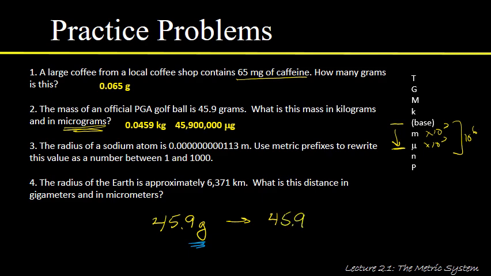We've got to move the decimal 6 times. 1, 2, 3. 1, 2, 3. So that would be 45,900,000 micrograms. Okay.